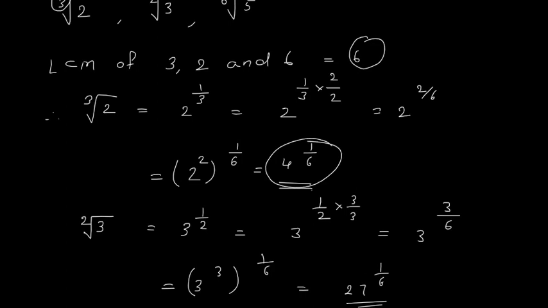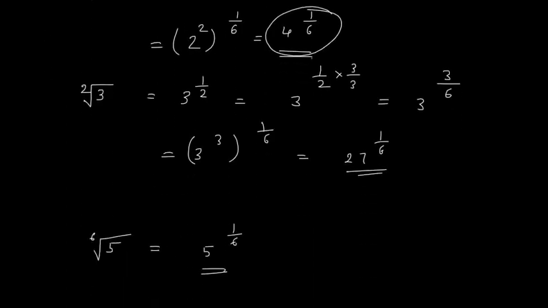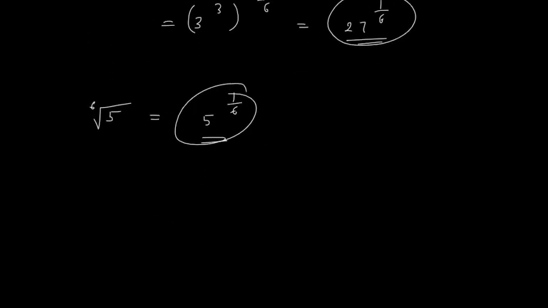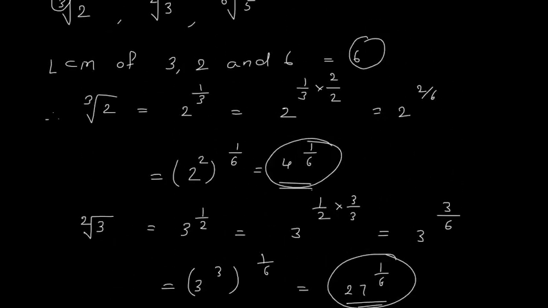As 4 is less than 5 is less than 27, 4 power 1 upon 6 will be less than 5 power 1 upon 6, which will be less than 27 power 1 upon 6. So 4 power 1 upon 6 is the third root of 2.